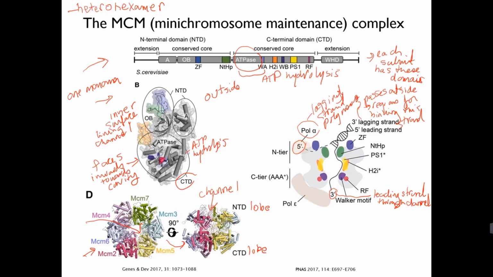So again, the MCM protein will associate with a couple of the DNA polymerases, which is also interesting because, as I mentioned, you don't really want to have single-stranded DNA hanging around. So as the DNA is unwound, it is presented very rapidly to the polymerases. The leading strand DNA polymerase is situated right here, very close to the channel.